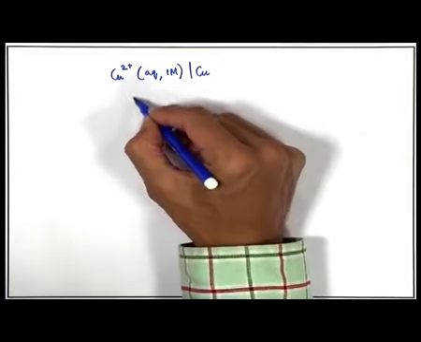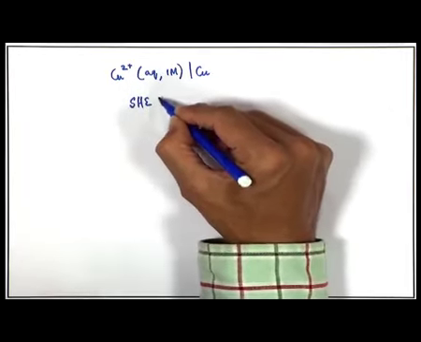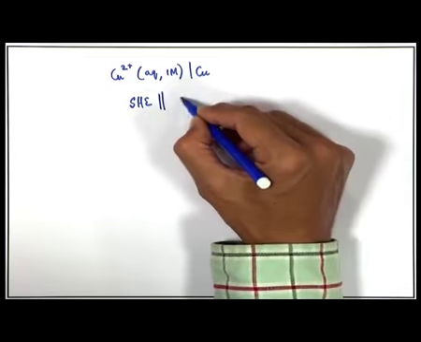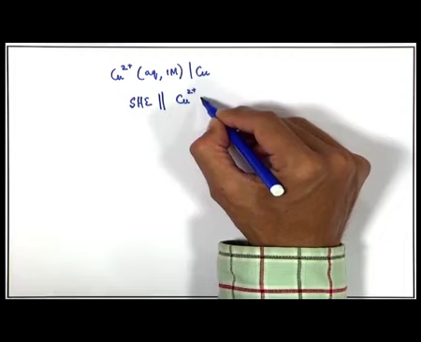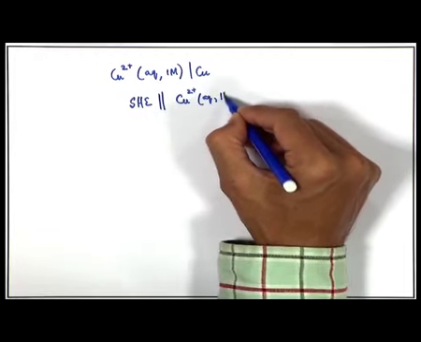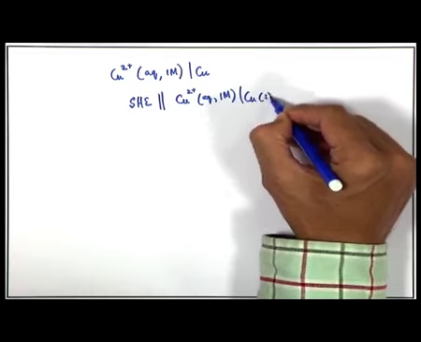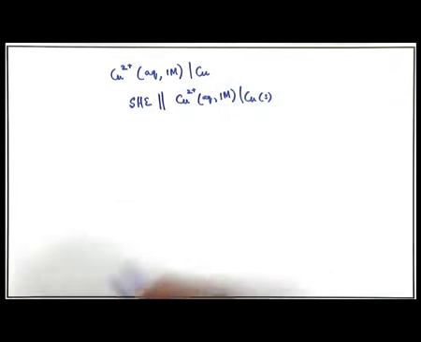So, your constructed cell will be SHE, then Cu 2 plus 1 M, then Cu solid, Cu metal.